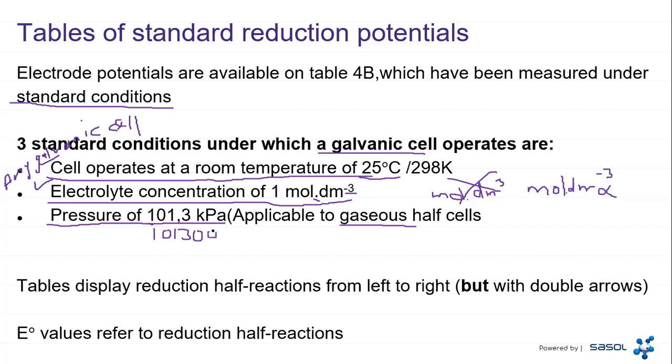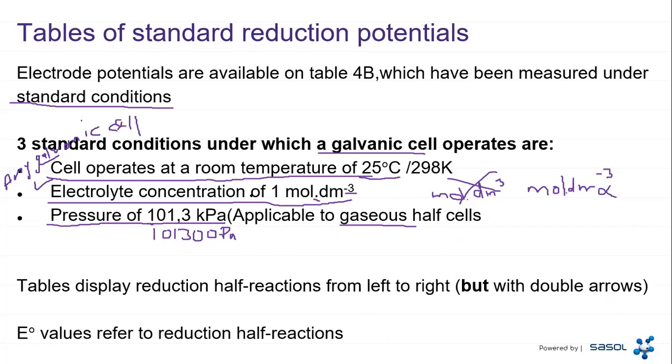Or another learner could have said it's 101,300 pascals. Altogether, this is when you say it in pascals. But this is only applicable when you are dealing with either one of the half cells being gaseous or both half cells being gaseous. Like let's say you have a hydrogen half cell connected to a copper half cell.